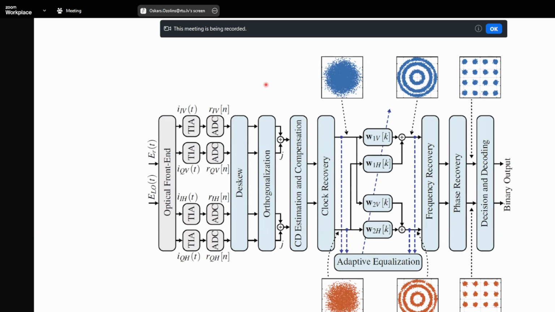Also in practical systems, these functions are implemented in ASICs, application-specific integrated circuits. The signal processing we do here runs on one sample per symbol at full speed.